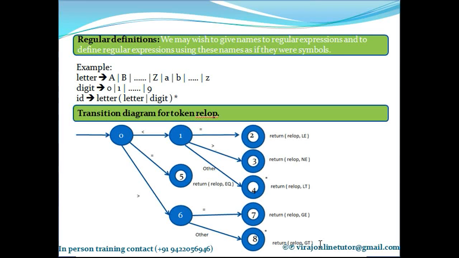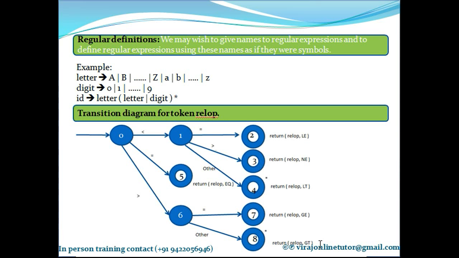Since there are different lexemes and all this boils down to a single token called relational operator, the lexical analyzer has to give the parser additional information saying which lexeme it is processing. If the lexical analyzer directly tells the parser that it has identified a relational operator, the parser won't know which of these lexemes you have identified.